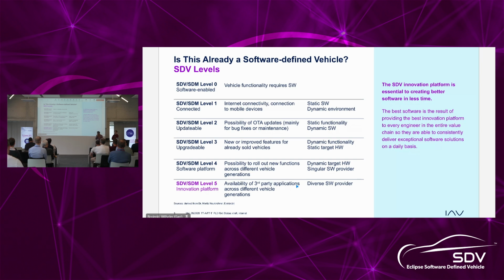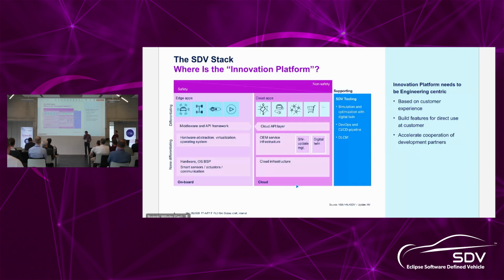And then if I have a look at the SDV stack, several stacks look like this. We have hardware abstraction layers, we have some middleware for the IoT edge device, which is the vehicle, middleware for the cloud applications to create APIs to be faster in development, the apps for the edge device, for the vehicle, and to create the apps for the cloud faster.